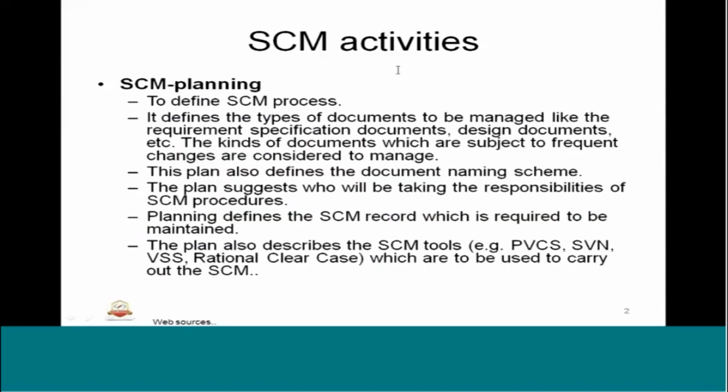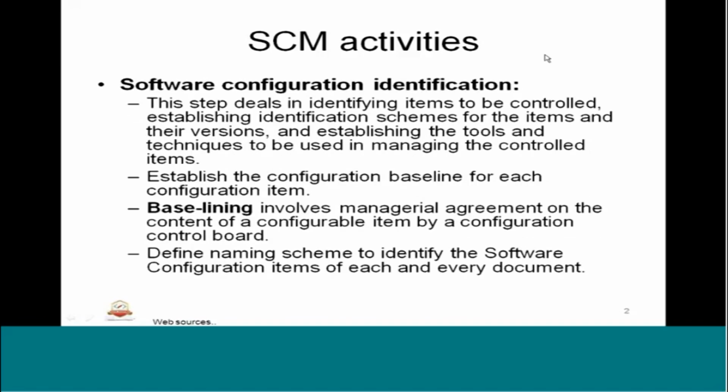Some industries like aerospace have a separate plan and that is a deliverable. This itself is a configuration item again. So it is mandatory in industries like aerospace to have an SCMP, or software configuration management plan document.